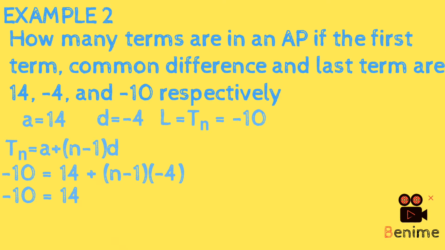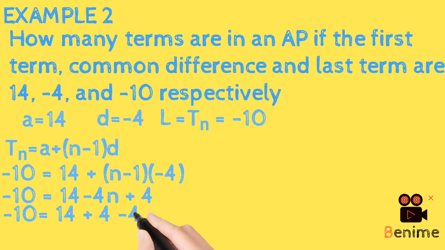So I'll use minus 4 and multiply everything inside the bracket containing n minus 1. Minus 4 times n, you get minus 4n. Minus 4 times minus 1, you get plus 4. So I have minus 10 equal to 14 plus 4 minus 4n. Collecting like terms, 14 plus 4 is 18. That's minus 10 is equal to 18 minus 4n.